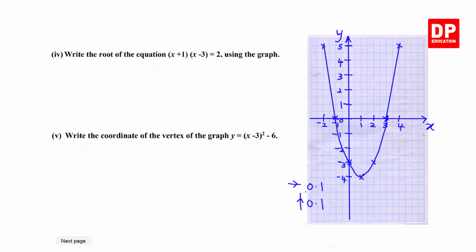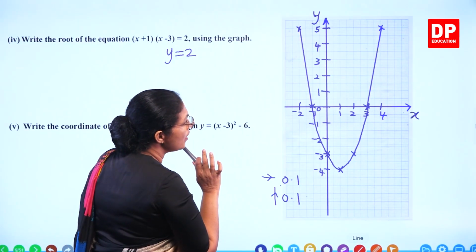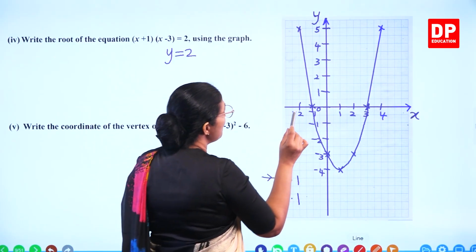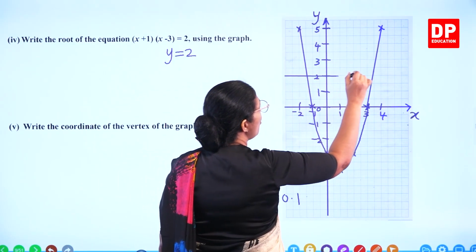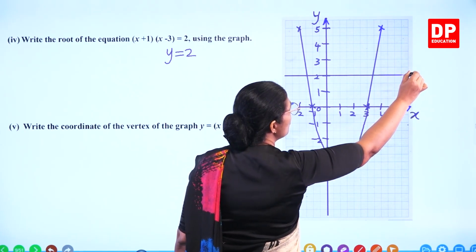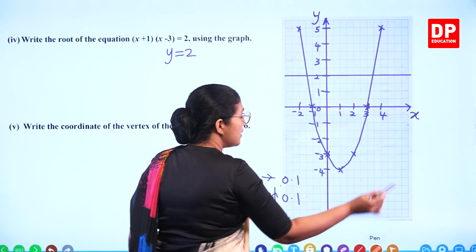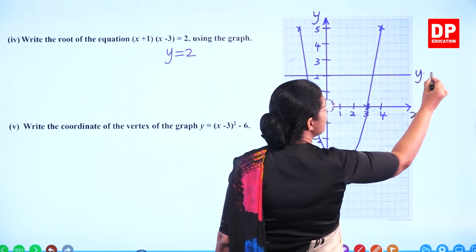The next question, write the roots of the equation (x plus 1)(x minus 3) equals 2. Now the y value is equal to 2. y equals 2. So what do you do? You draw a line, that's y equals 2. That means this horizontal line when y equals 2, and find out the intersecting points.